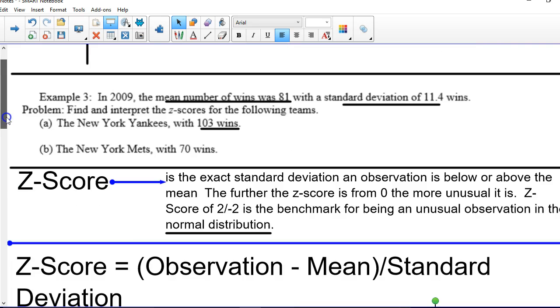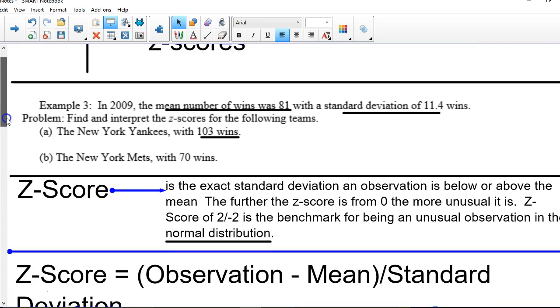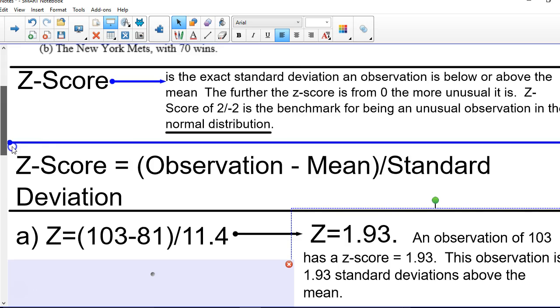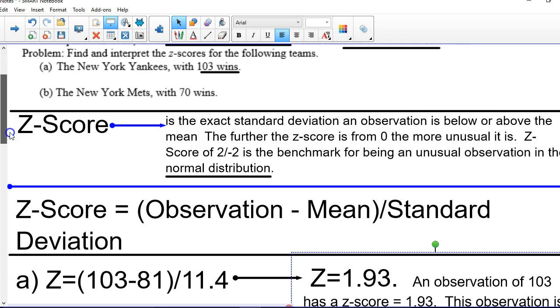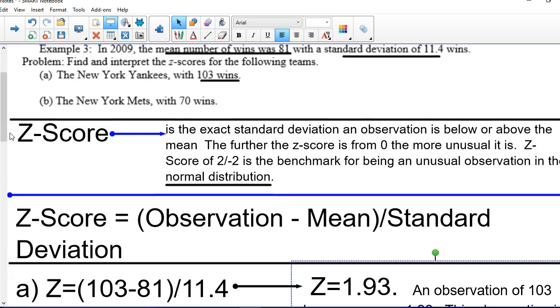Now, part B says the New York Mets with 70 wins. I didn't do that one yet, so you can do that on your own to practice and come ask me tomorrow. But with part B, one thing I want you to notice, 70 wins is below the mean. So you're going to have a negative z-score. When you interpret it, you'd say our z is equal to negative whatever you get.